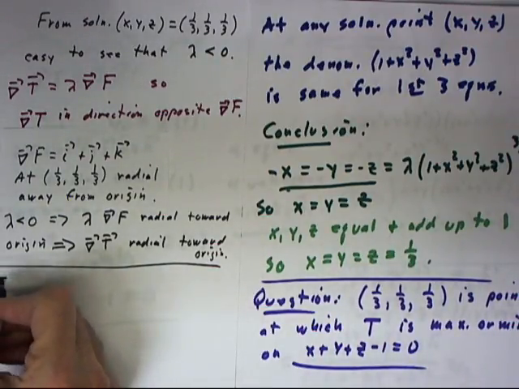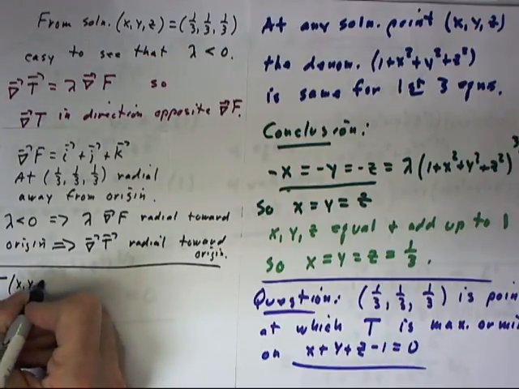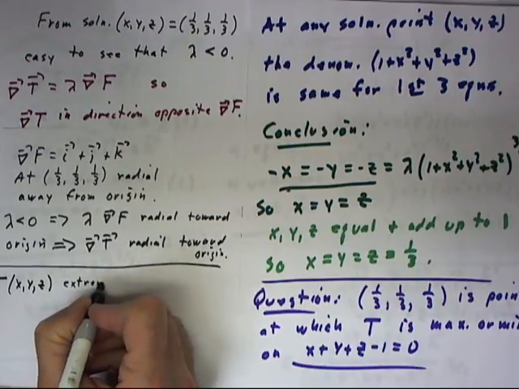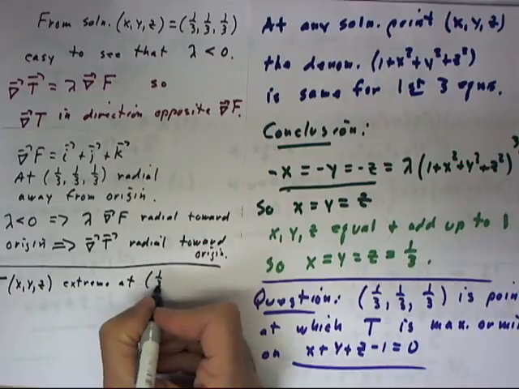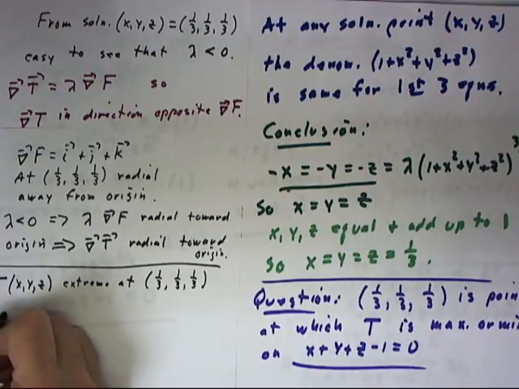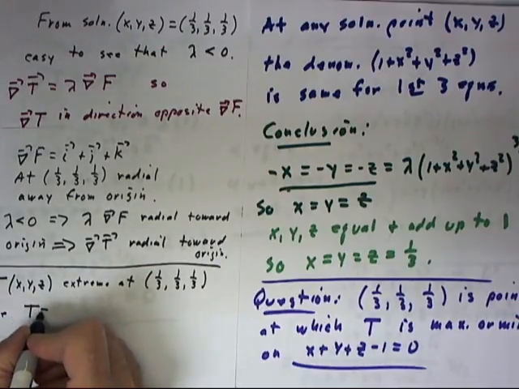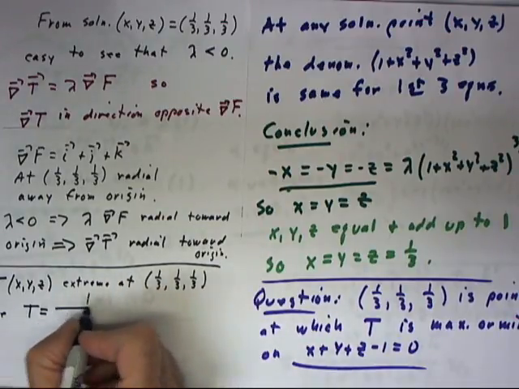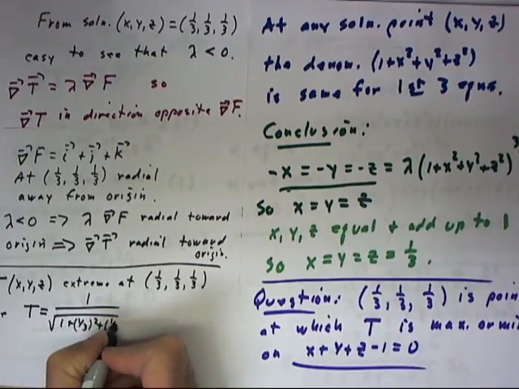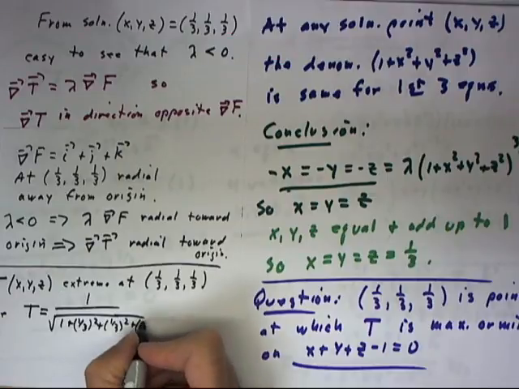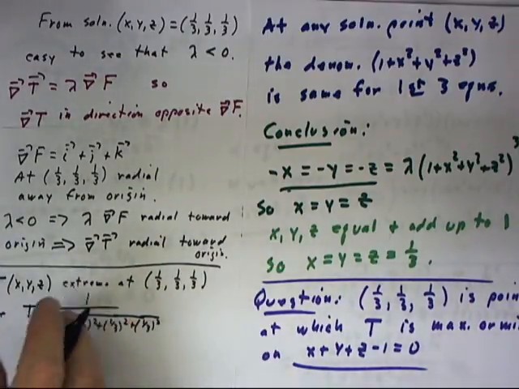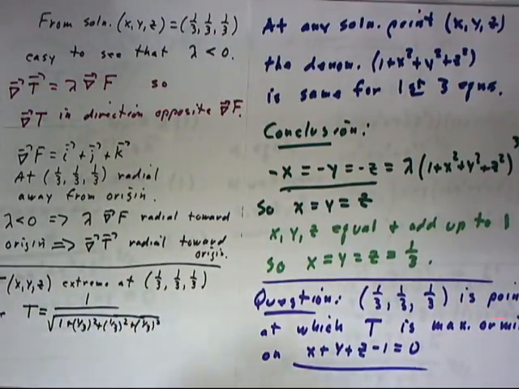Now the temperature function, remember, T of x, y, z is extreme at 1/3, 1/3, 1/3, where the temperature is 1 over the square root of 1 plus 1/3 squared plus 1/3 squared plus 1/3 squared, using our original temperature function 1 over 1 plus x squared plus y squared plus z squared.